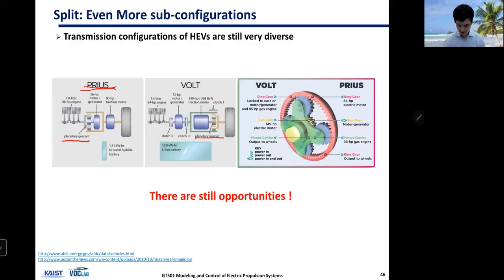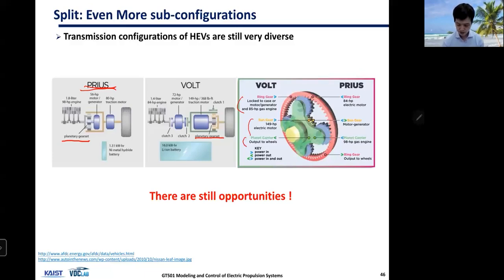In the case of Volt, ring gear is connected to generator and engine, and sun gear is connected to main traction motor, and carrier is connected to output wheel.